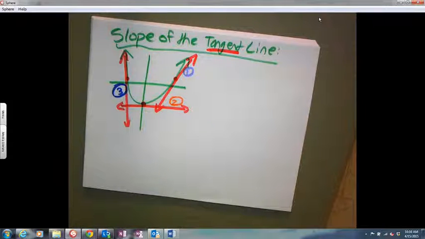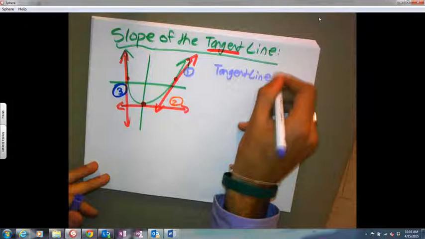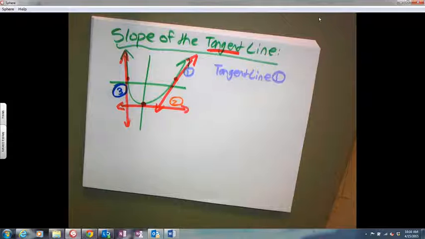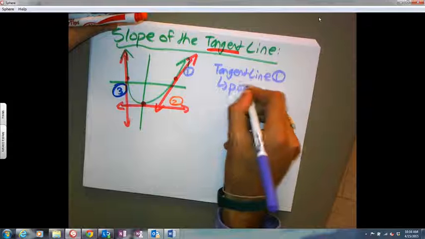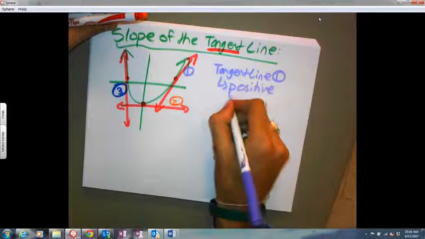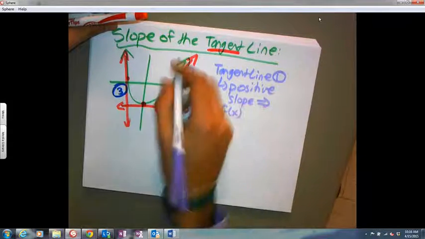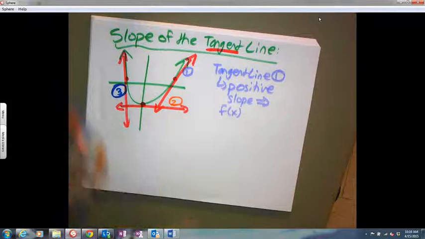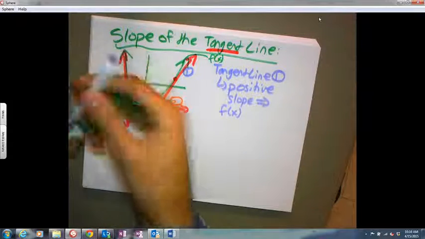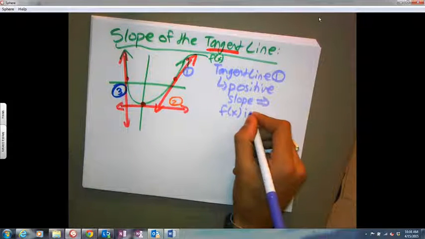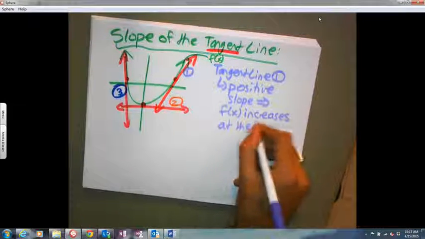So when you look at tangent line 1, it has a positive slope, therefore the function, the green is some function, increases at the point of tangency.